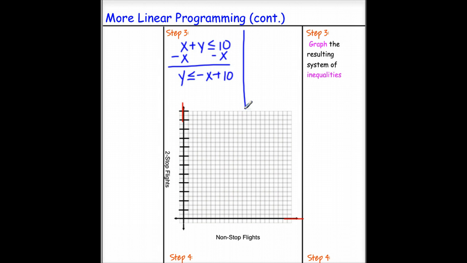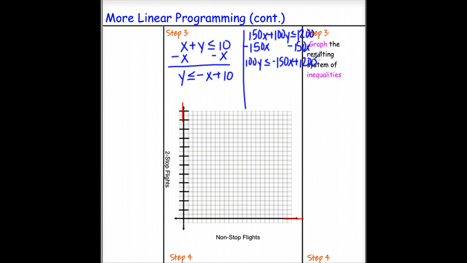Then I'm going to take our second inequality that we had of 150x plus 100y less than or equal to 1200, and I'm going to solve this one for y as well, subtracting 150x from both sides, giving me 100y is less than or equal to negative 150x plus 1200.